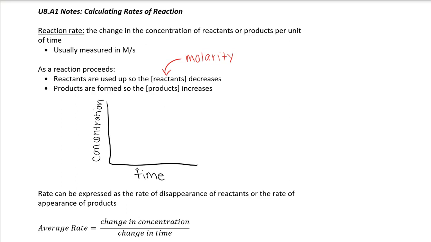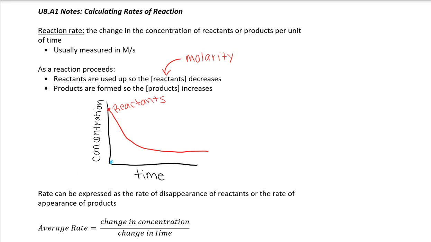So let's look at what this would look like if we were to graph how the concentration of our reactants and products changed over time. So at the start of our reaction, we're going to have all reactants. Before the reaction begins, I don't have any products. And what happens is over time, if we were to measure the concentration of our reactants, the concentration is going to decrease. Those reactants get used up in order to make products.